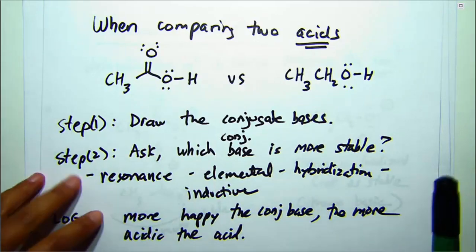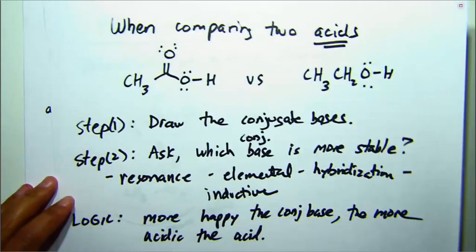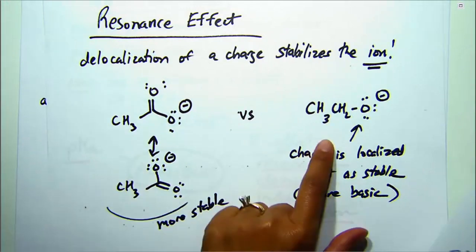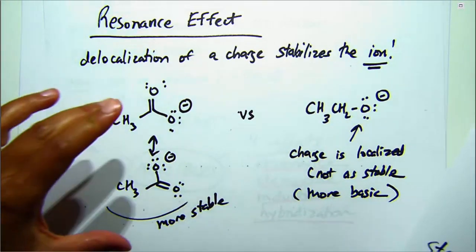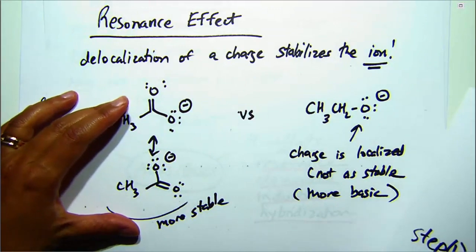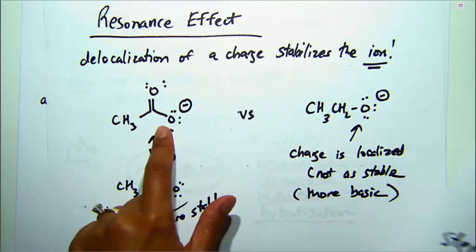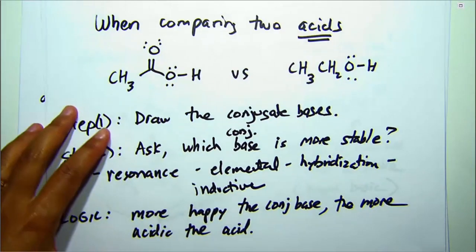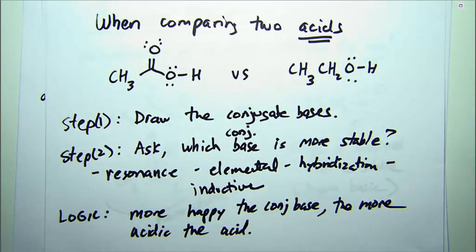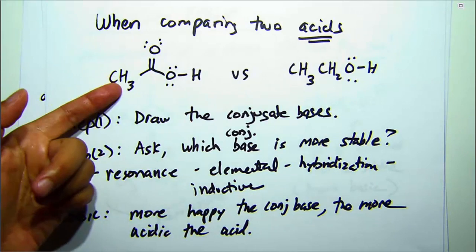So using this logic, we can go back here and see what I did was I drew out the anions. So I did step one. And then I asked myself which one is more stable, and it was definitely the acetate. And so now the question is, which one is more acidic? Okay, so let's think about this. The logic here is the more happy the conjugate base, the more acidic the acid. And so acetate was much more stable because of resonance.